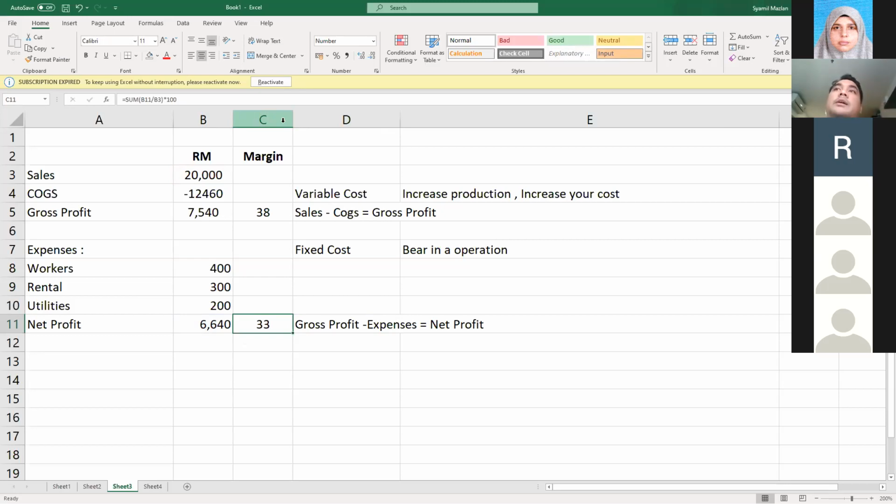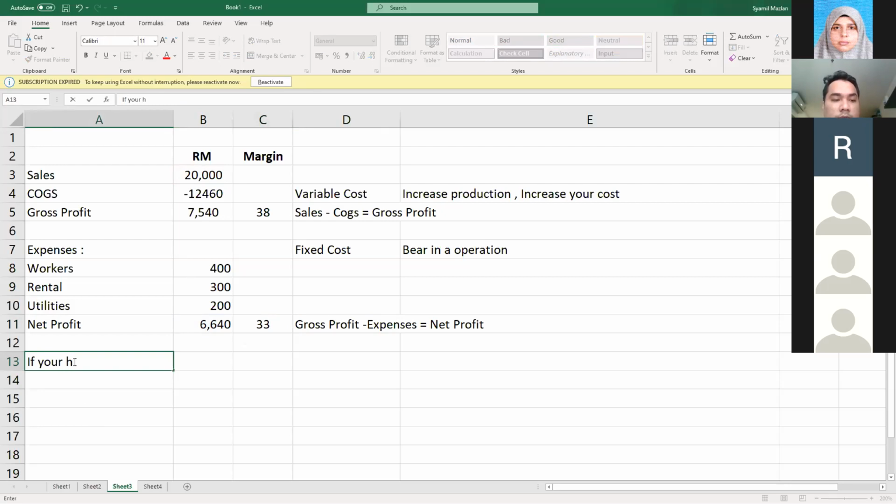For example, if you are selling a handbag, or you are selling something like a swim cap, please make sure that when you are making a business, if you are holding stock, your margin is bigger.